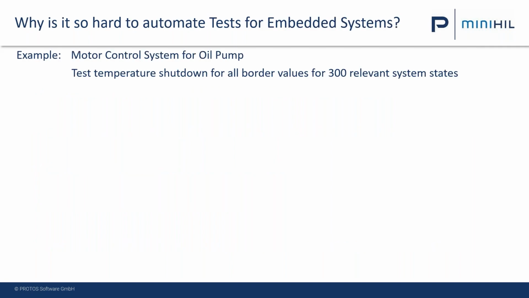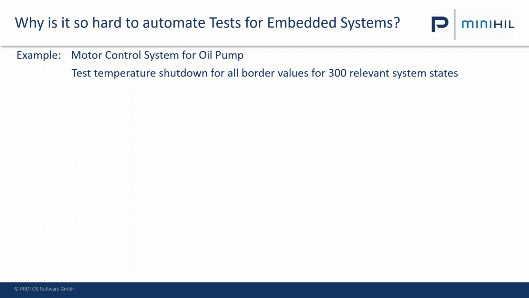So why is it so hard to automate tests for embedded systems? Let me give you an example of a customer project. It's a motor control system for an oil pump. It's safety critical, so we need to test the temperature shutdown for all values, or all border values for 300 relevant system states.